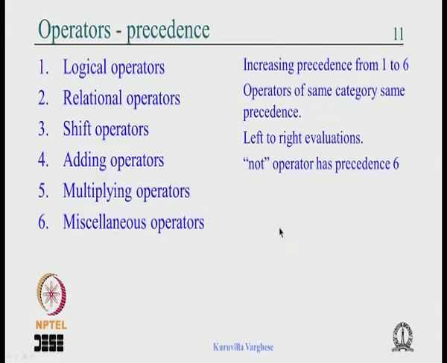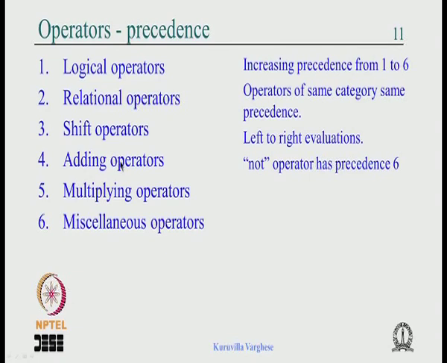And there is a precedence of the operators. The highest precedence is 6. As you go down 6, 5, 4, 3, 2, 1, 1 has the lowest precedence. So you have miscellaneous operators with the highest precedence, then multiplying, addition, shift, relational and logical operators, and the NOT operator has precedence 6.